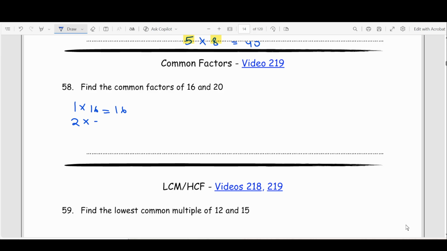Yes. And then does it appear in 3 times table? No. So let's check with 4. 4 times 4. Yes. Does it appear in 5, 6, 7?